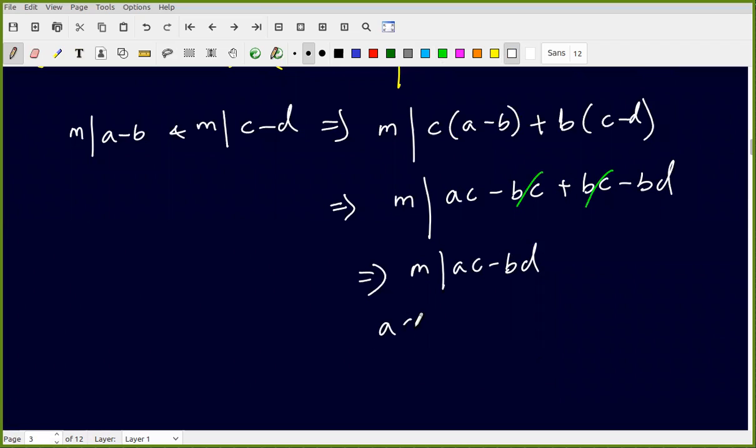So the congruence relation AC congruent to BD modulo M holds.